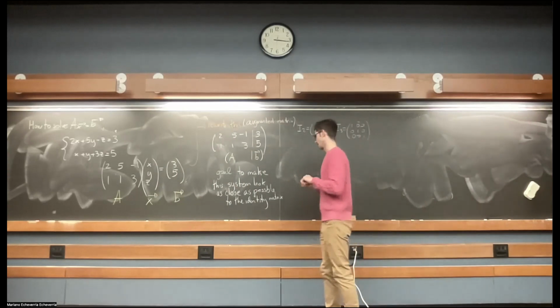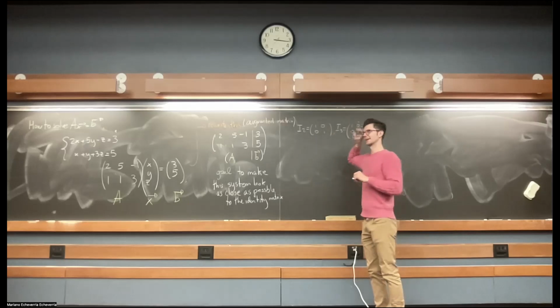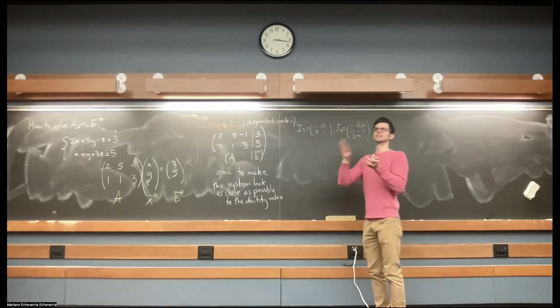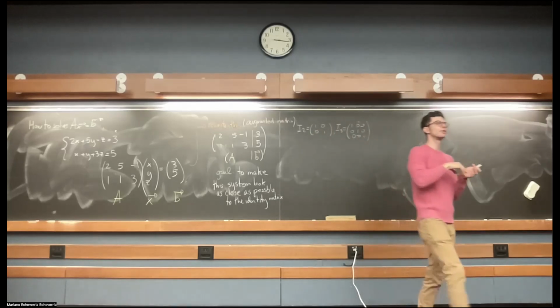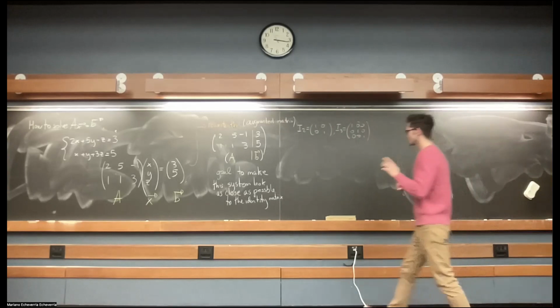So what I mean by making this as close as possible to the identity matrix is: what's the characteristic of the identity matrix? That there's one in every row and column, and then a bunch of zeros, right? So essentially, what I'm trying to do is create as many ones, just one per row or column, and then the rest as zeros, as much as that can be done.